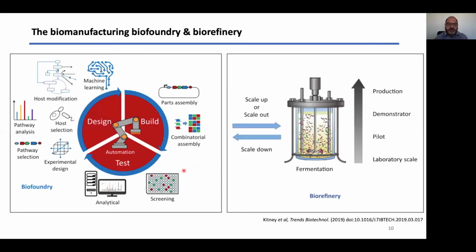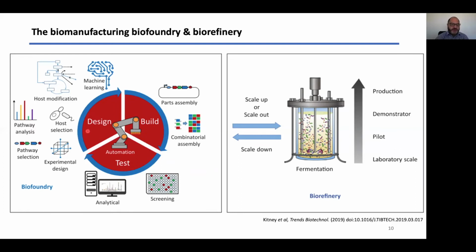For instance, this is a picture that explains the current vision. First of all, we have these biofoundries, where we apply the design, build, test, and learn cycle, a full engineering cycle where everything is underpinned by automation.